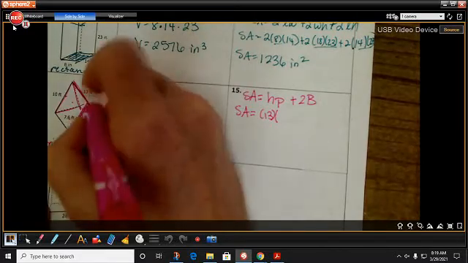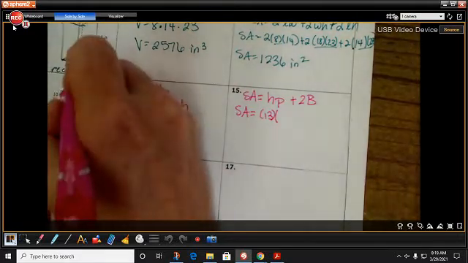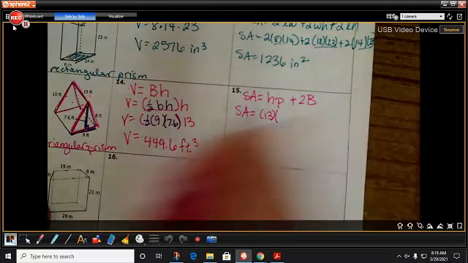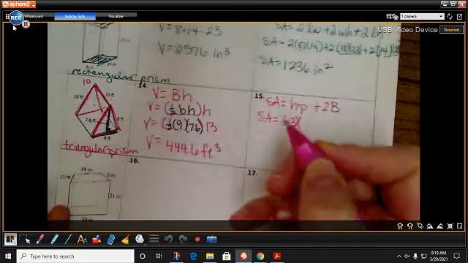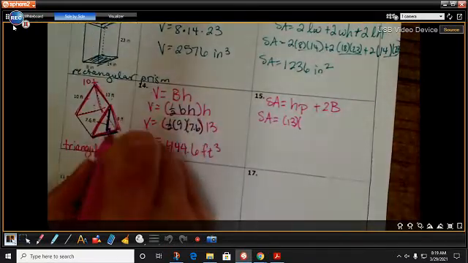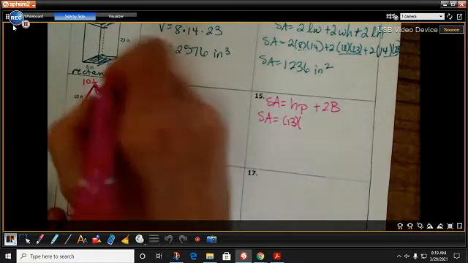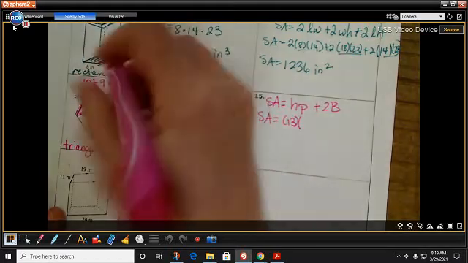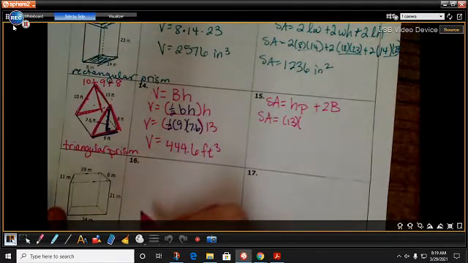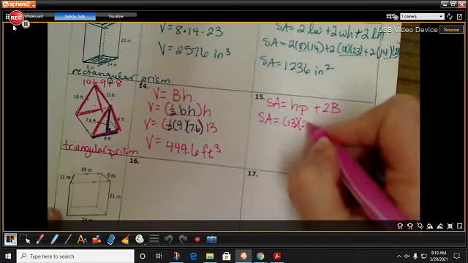So let's see, I've got 10 feet plus, and then along the bottom here I have 9 feet, and then this other side of my triangle is 8 feet. And so 10 plus 9 plus 8 is going to give me 27.